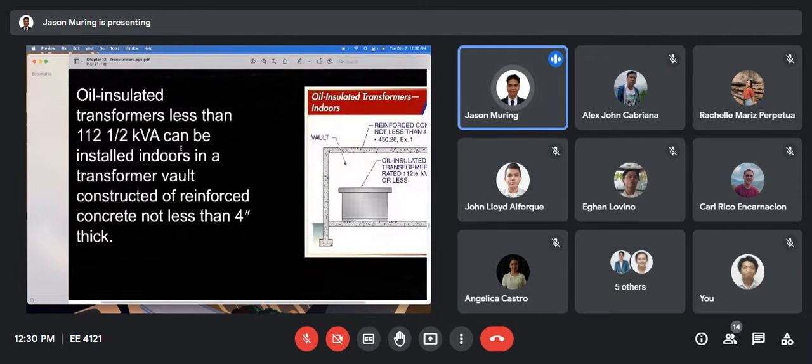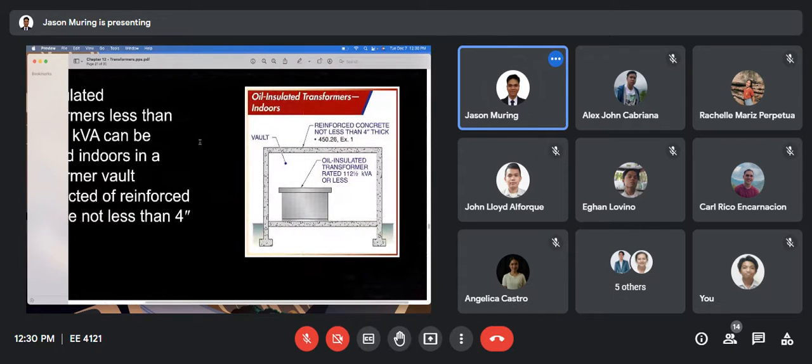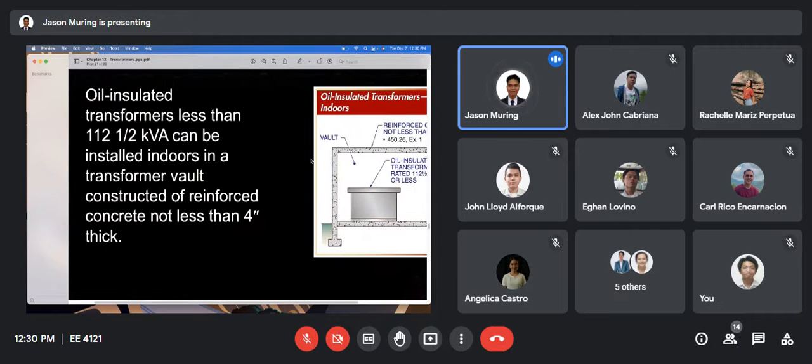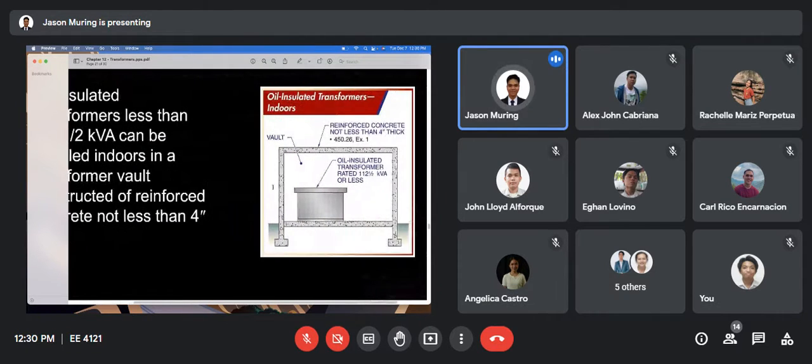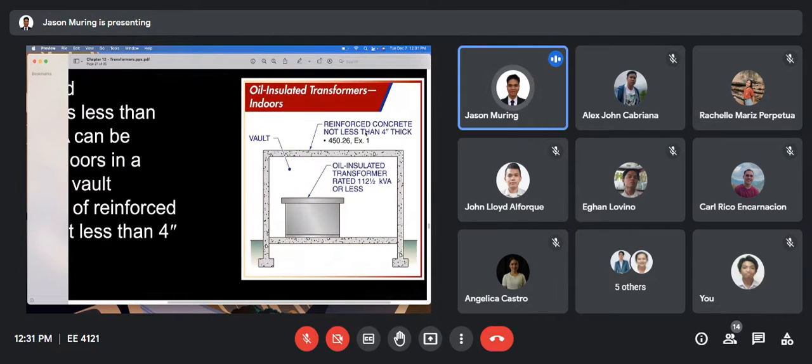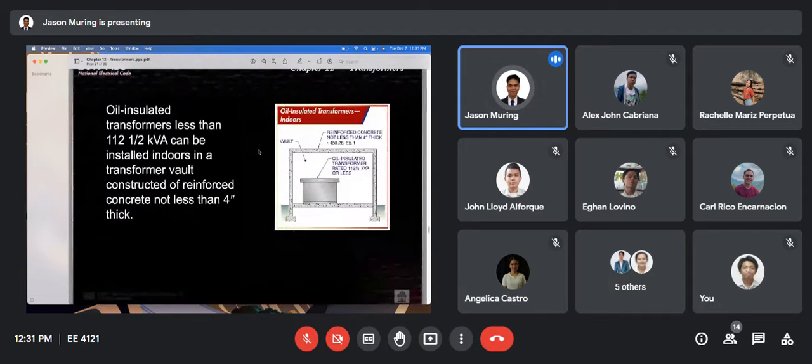Okay, so oil insulated transformer less than 112.5. Okay, so but you see, even if it has a different insulator, we still need to have a container for this transformer. But there are just certain thicknesses or requirements nga specific for each transformer.